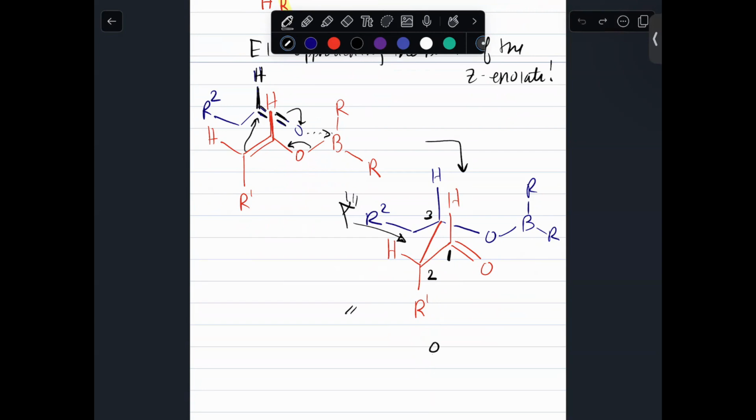Let me color code this. There's carbon 1. Then go down, and it's carbon 2. Then go up, and it's carbon 3. And then, of course, the rest of my group.